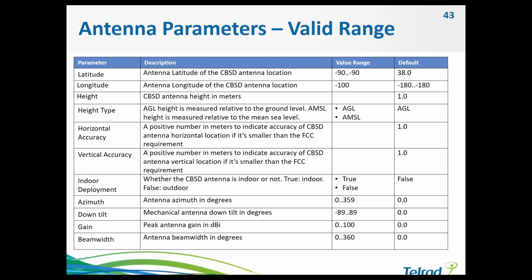In the case of indoor deployment, because most of those CPEs are outdoor, it should be selected outdoor. And the gain of the antenna is in the table that we saw some moments before. It's the same as the beamwidth parameter. So these installation parameters are the range.